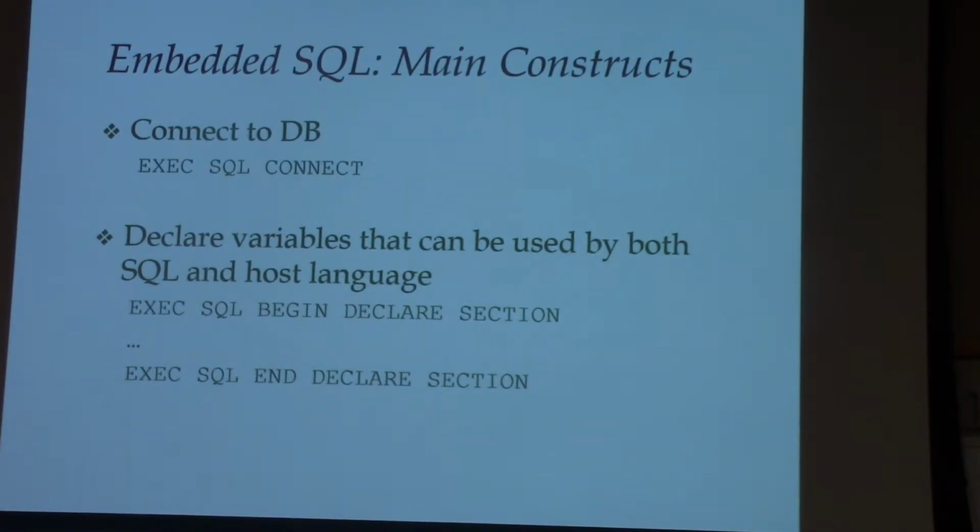So if you see EXEC SQL in a program, this is embedded programming. This part will be pre-compiled during pre-compilation. Sometimes you have a block, EXEC SQL BEGIN and EXEC SQL END, which means that what is between them is considered part of the embedded SQL. Always start with a connect, do something, and then disconnect.